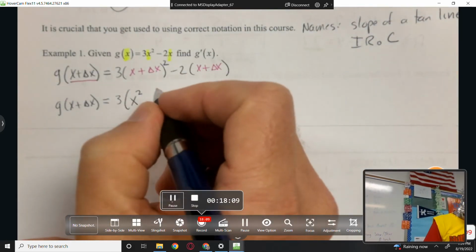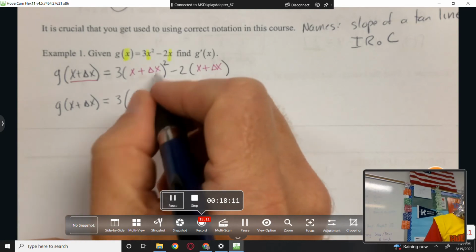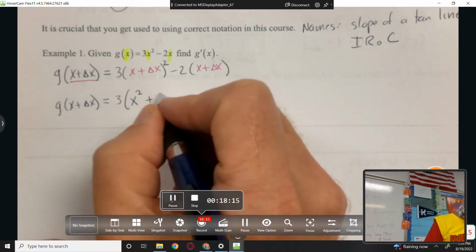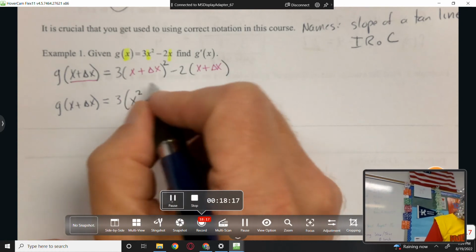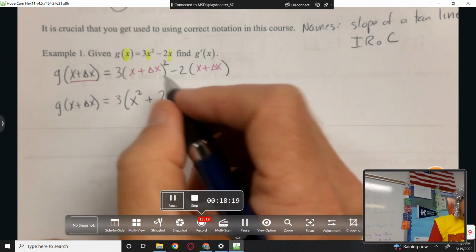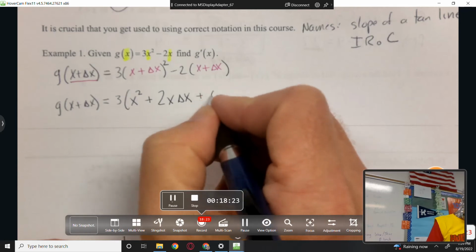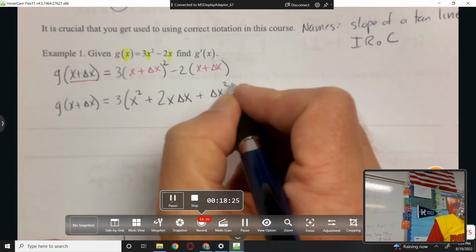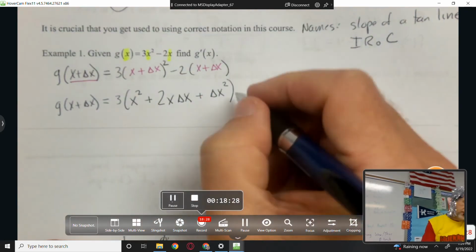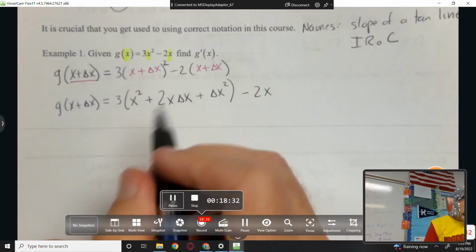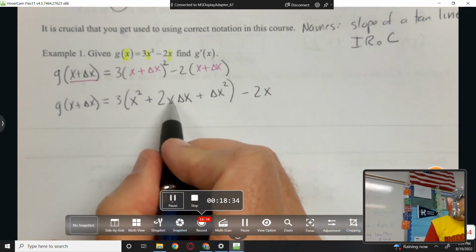X squared. And if I FOIL it, surely we know we're not just going to square the pieces. I'm going to end up with 2, the middle terms, outside and inside, x times delta x, plus delta x squared. Would it be x plus delta x or x times delta x for the 2? Times. Those are all times.